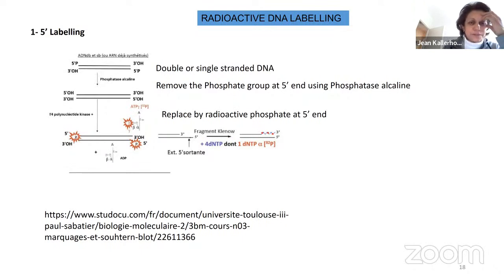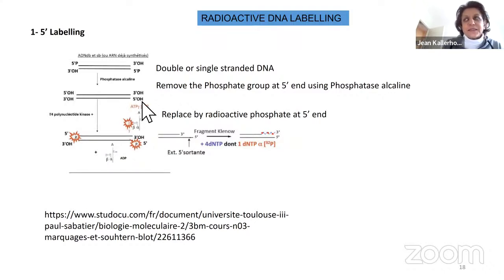So how do we do this? Of course, we have enzymes to do this. First enzyme is called alkaline phosphatase. Alkaline phosphatase will remove the 5' phosphate, the phosphate moiety group. And therefore, you will be left here with a 5' hydroxyl group at each end.